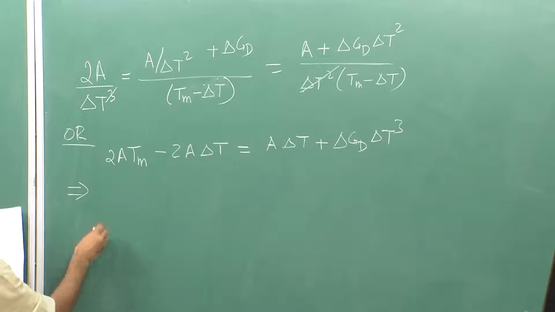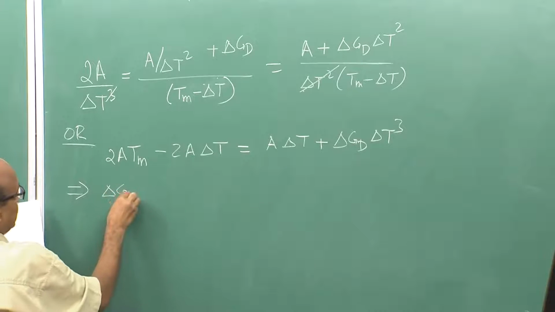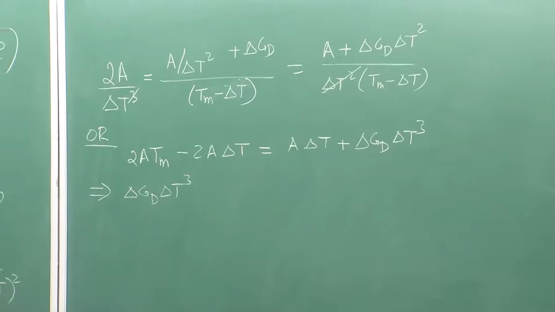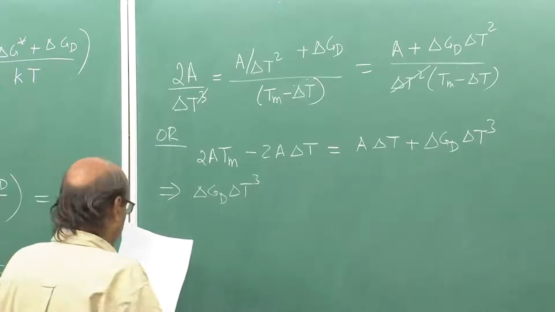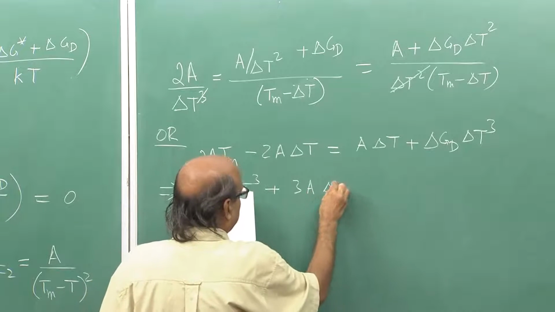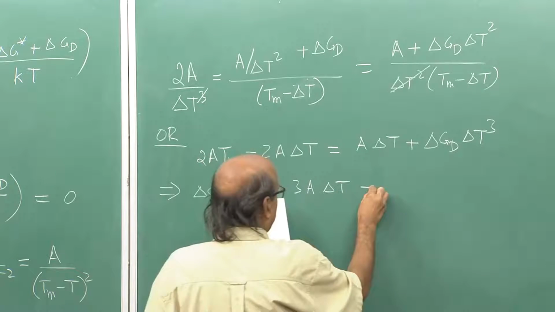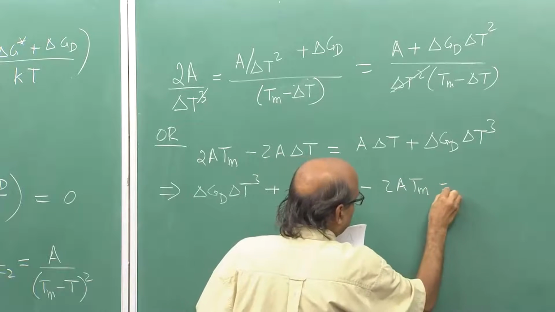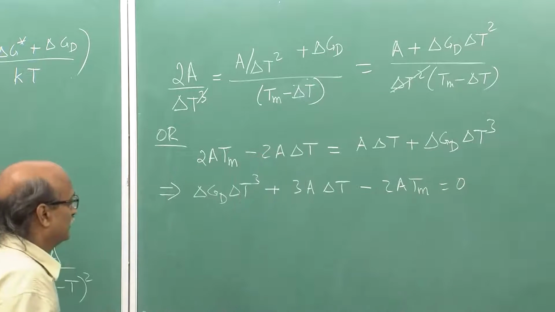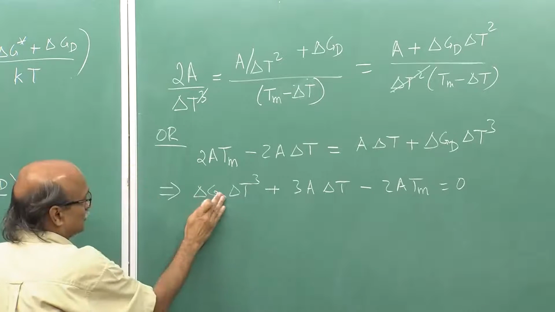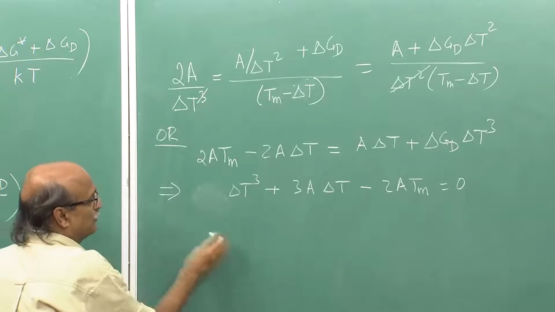This will lead to, collecting all the terms on one side, delta Gd delta T cube plus 3A delta T minus 2A Tm equals 0. Let me also change this slightly, divide everything by delta Gd, so I have no coefficient for delta T cube.